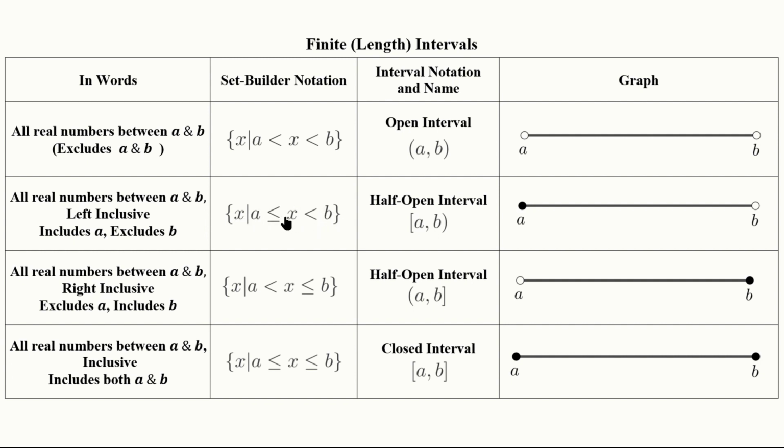It's kind of sandwiched between these two endpoints. Notice the less than or equal to on the part which you're including, so on the a part. Then we have, what if we want to include the right endpoint but not the left endpoint? So we say all real numbers between a and b, right inclusive. So this time you exclude a but you include b.